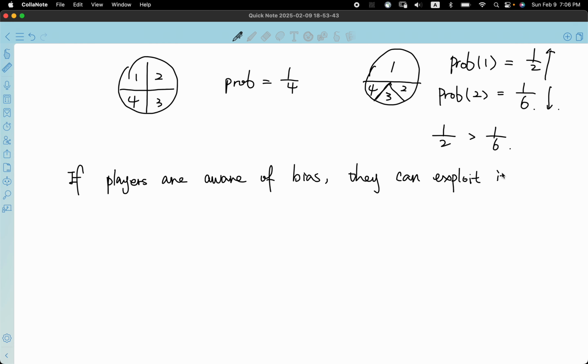Let's say they can exploit it to eliminate the house advantage.